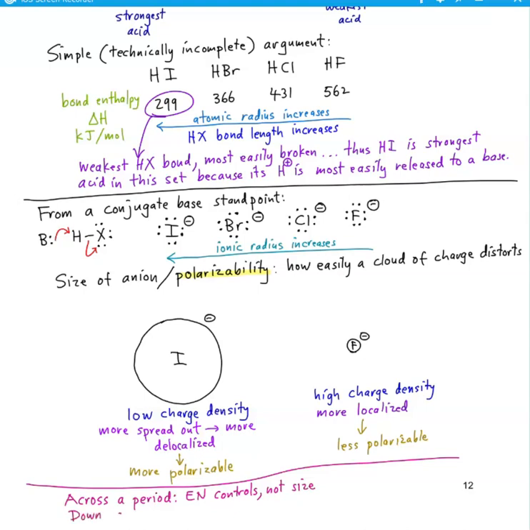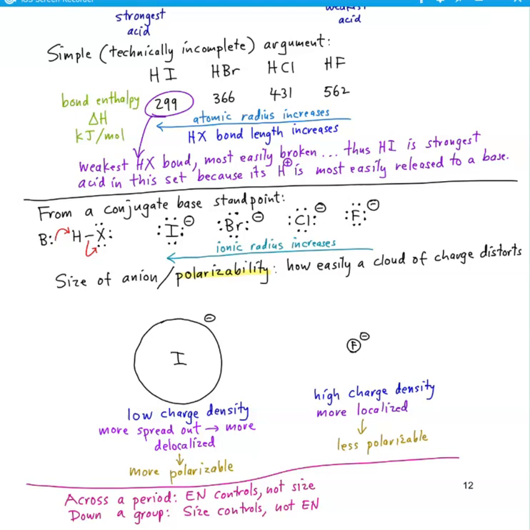However, down a group, as it turns out, and as we just saw, even though electronegativity and size are both changing down a group as well, it's size that turns out to be the more important factor, not electronegativity.